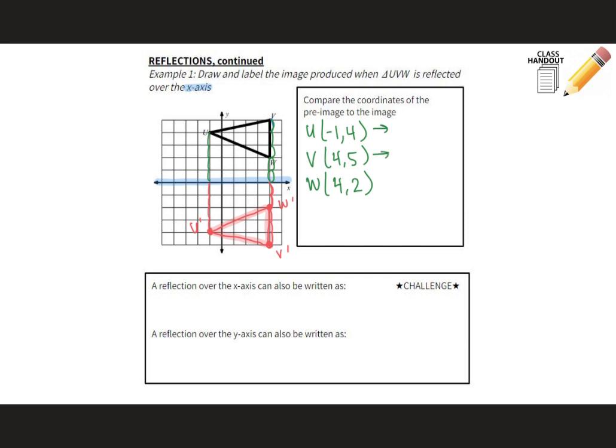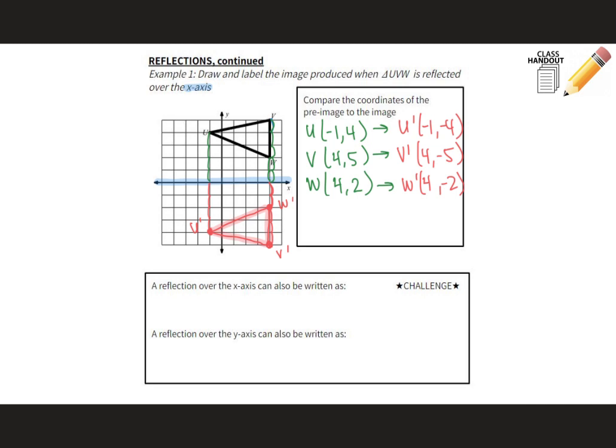And now I'm going to write the coordinates of my image. U prime, the coordinates were (-1, -4). V prime, the coordinates were (4, -5). W prime, the coordinates were (4, -2).